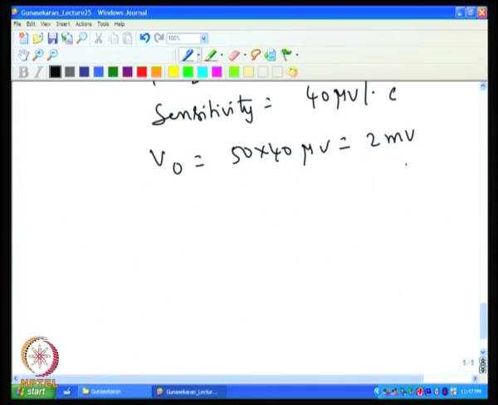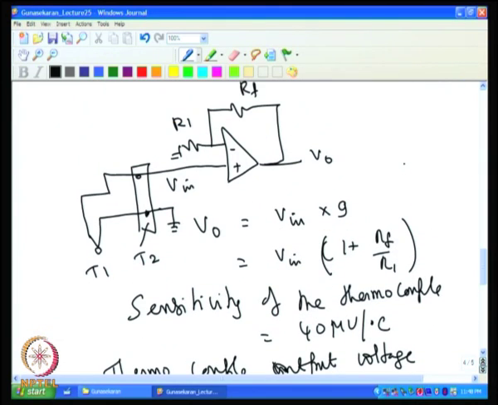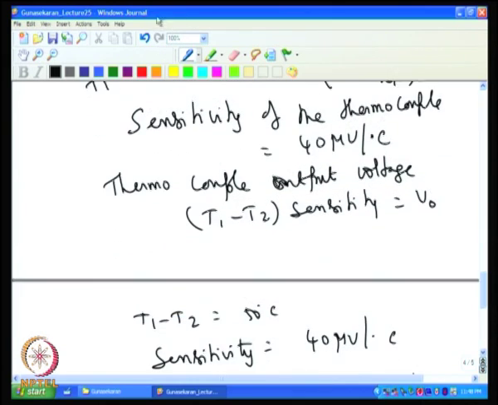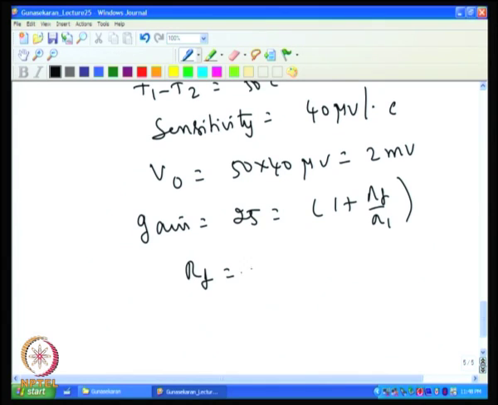So, for 50 degree temperature difference, we will have 2 millivolt as the input, and then if we take gain equal to 25, that is equal to 1 plus RF by R1. By taking RF equal to 24 K and R1 equal to 1 K, one can get a gain of 25.